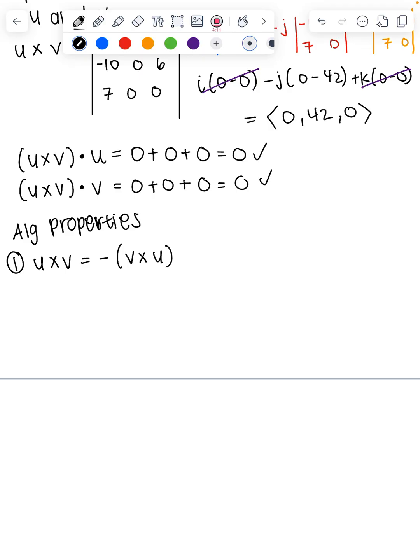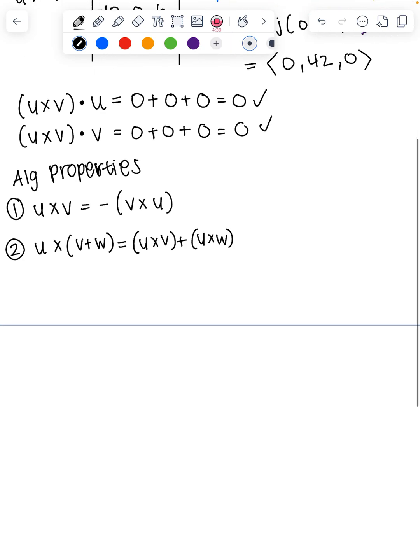And then what I can also say here is, let's say I go u with cross product of v plus w. It's going to be the same as if I did the cross product of both u and v, and then I added the cross product of u with w. So those are some algebra properties.